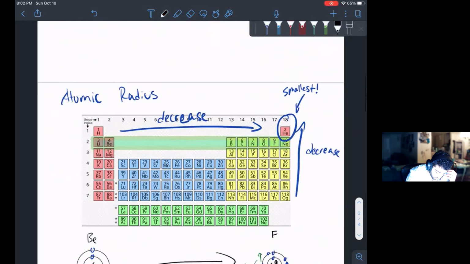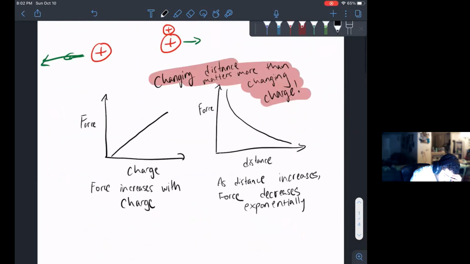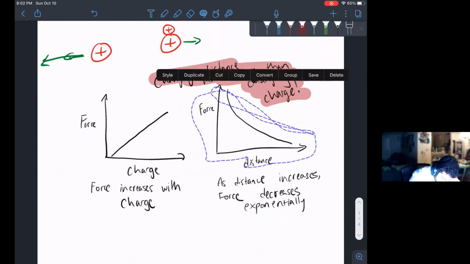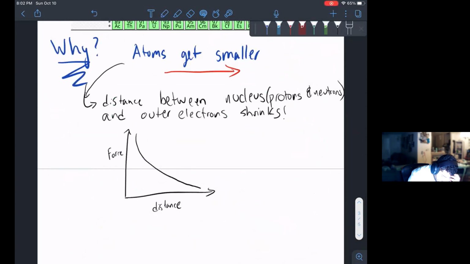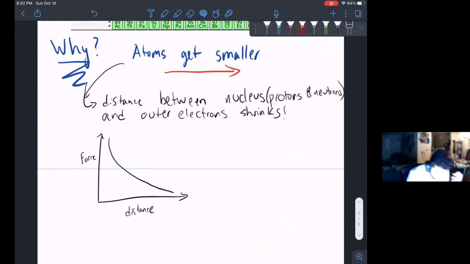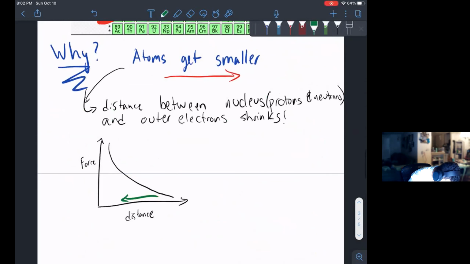And if we look at our chart all the way back here, I'm going to actually copy this chart because it's really important. So if the distance is decreasing, the force is increasing.